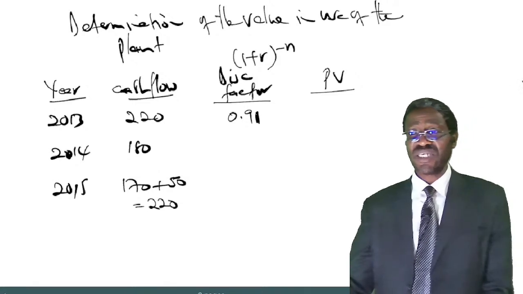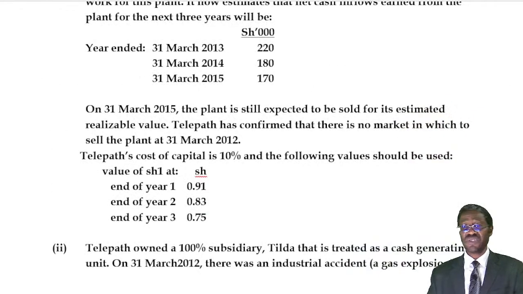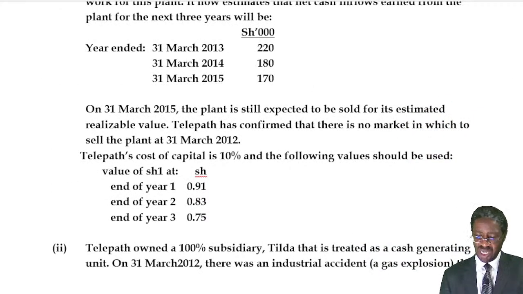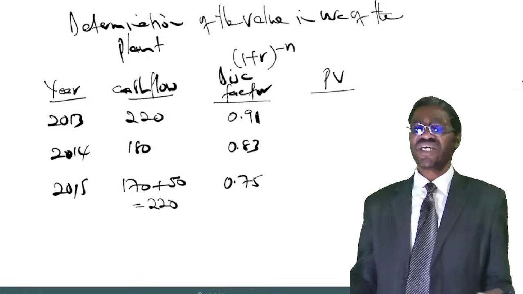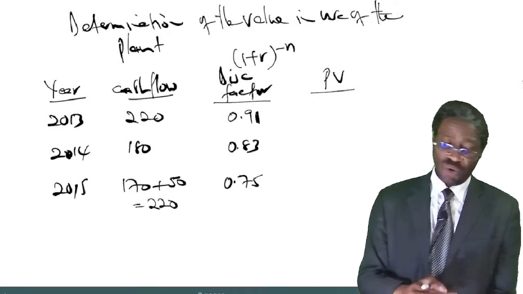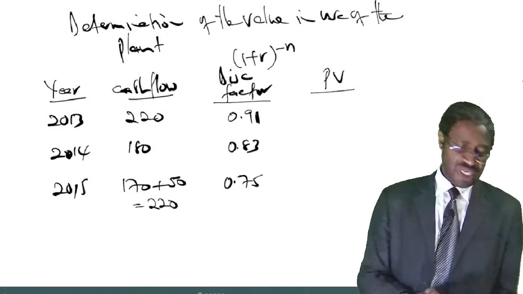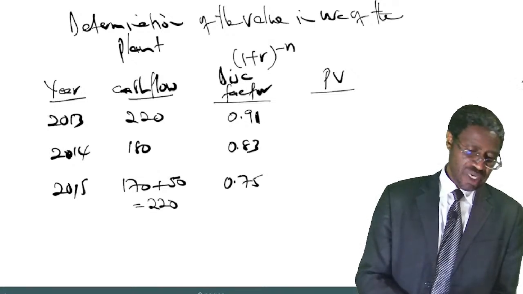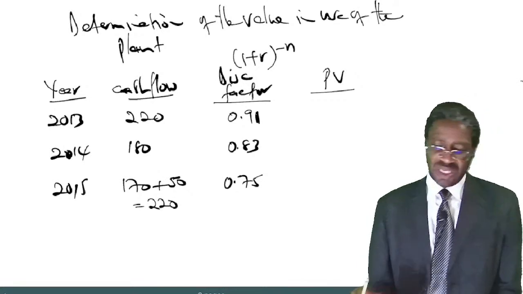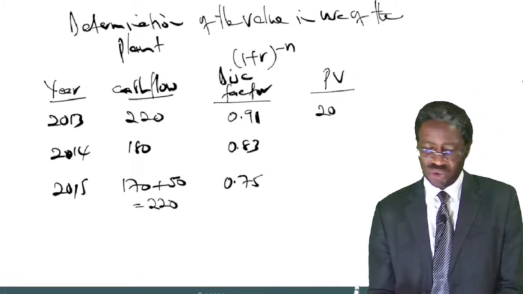The others I can now copy. That means we are getting the second one as 0.83. We don't have to prove it. The last one is 0.75. Good. Now we can get the present values of those future cash flows. Let me take 220, multiply that by 0.91. That gives me an amount of 200.2.